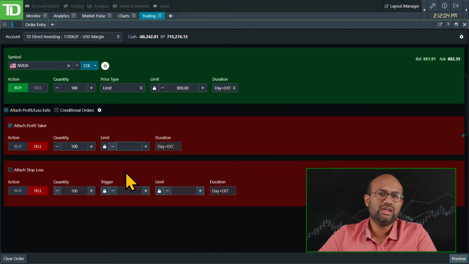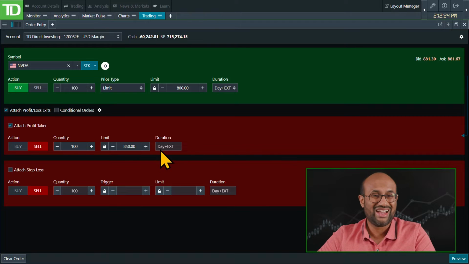Let's say if we do buy this at 800, maybe we want to see if we can take profits at 850, if we can climb back up there. Keep in mind that the time frame selector is locked. I'm not able to click it because it's always tied into this primary order. So whatever time frame you selected over here is going to sync up with these parts of the order, so you're not able to change those at this level.